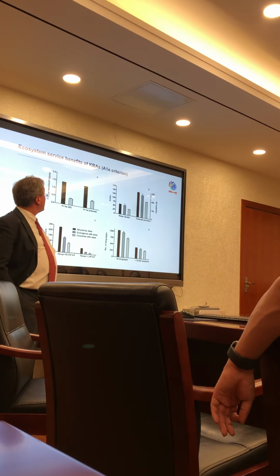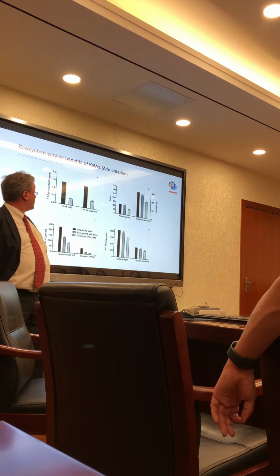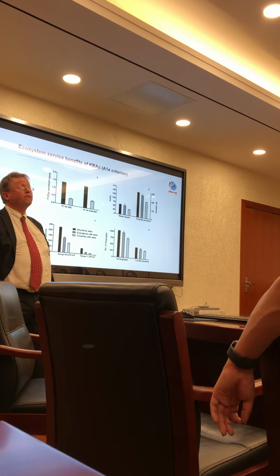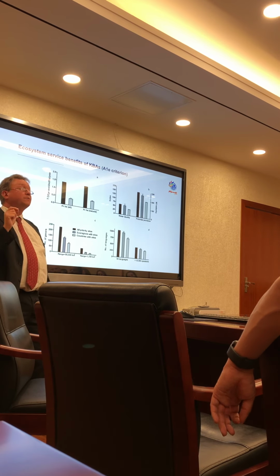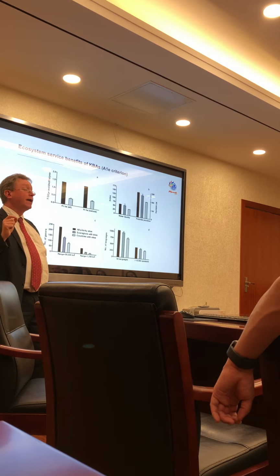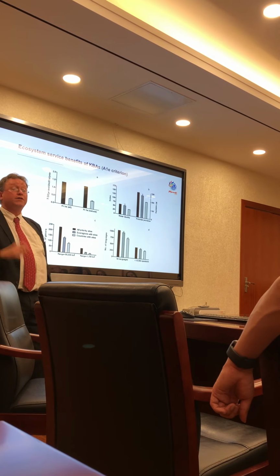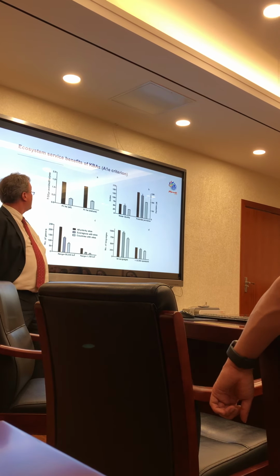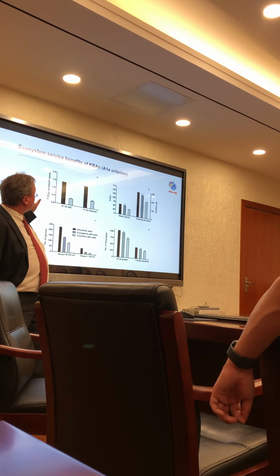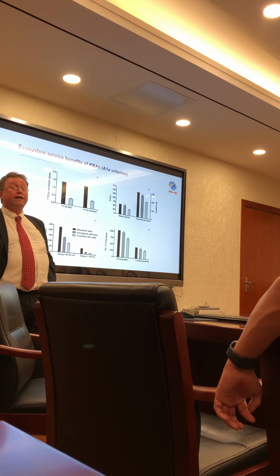And this is just some examples published a few years ago now, actually, for a measurement of benefits provided by a particular subset of key biodiversity areas. And those looked across a range of dimensions.